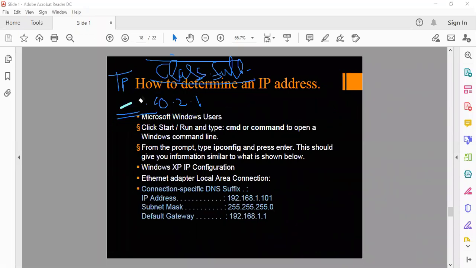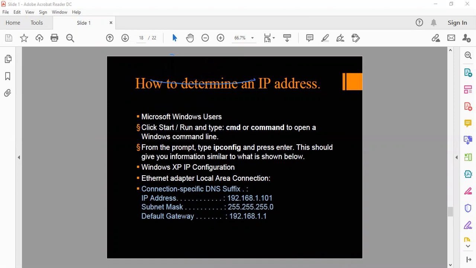Classless IP addressing is also called CIDR, classless inter-domain routing. It is written in the form of slash, which may be slash 23, slash 22, slash 16, or slash 17.